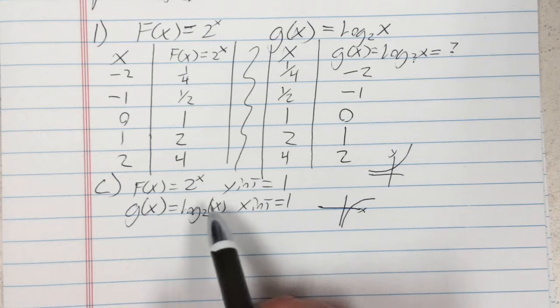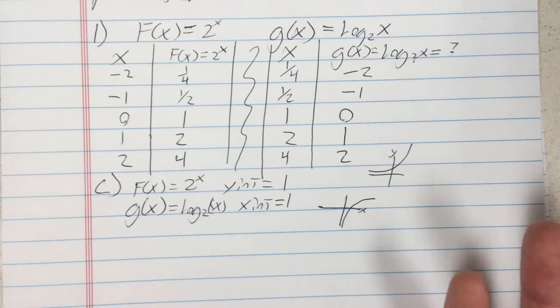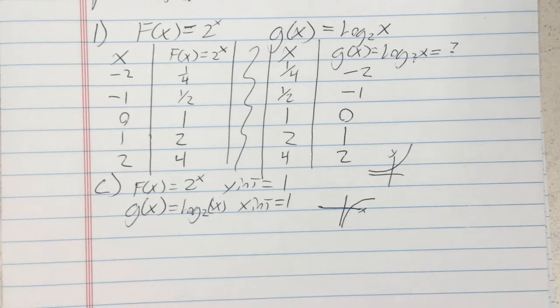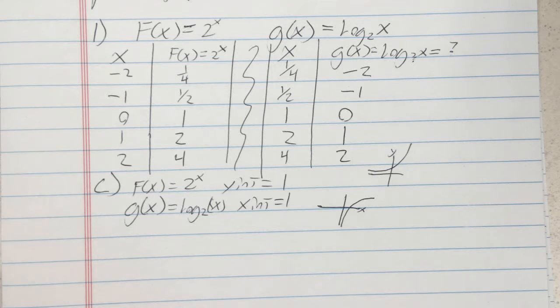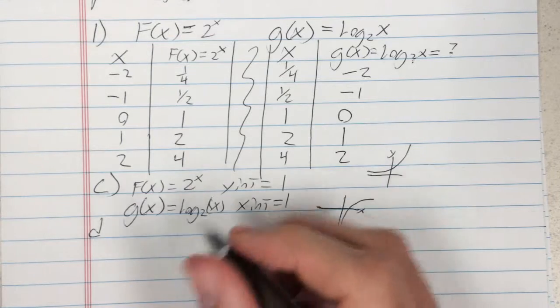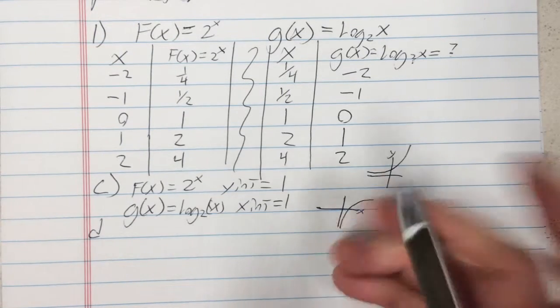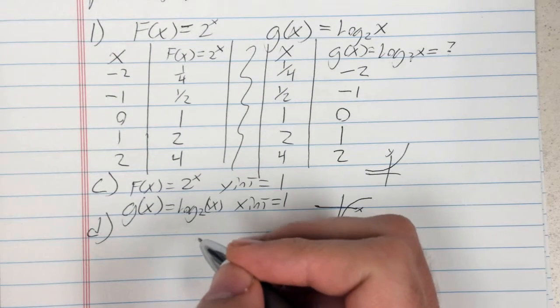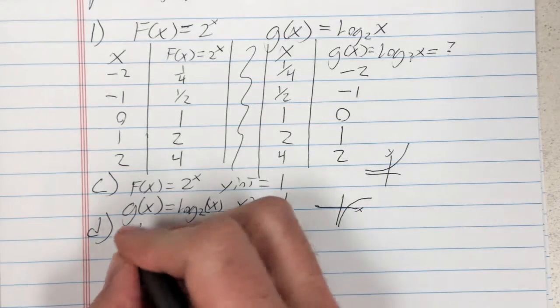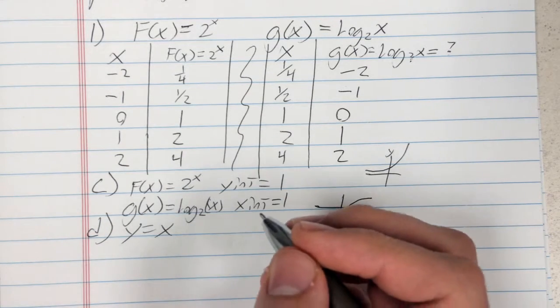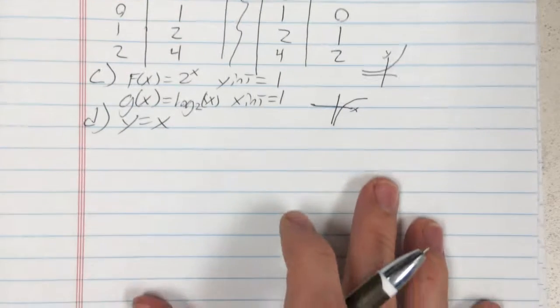Okay, so the big thing about inverses is just everything that was true for x is now true for y, and everything that was true for y is now true for x. Alright, D, the line of symmetry, is true for every inverse, not just this specific one. A function and its inverse will always be symmetrical across the parent function y equals x.